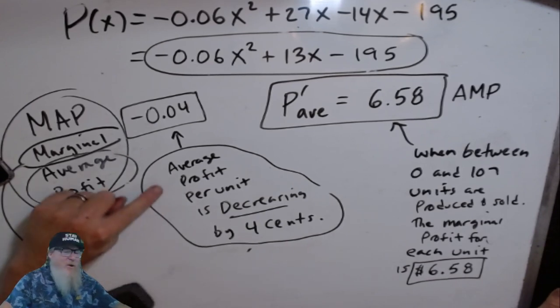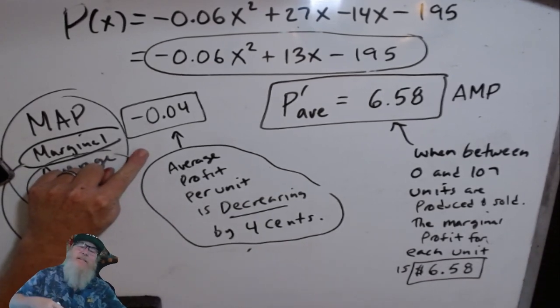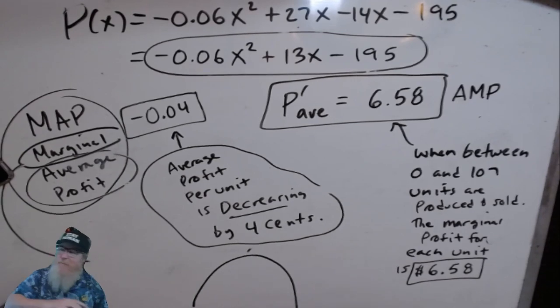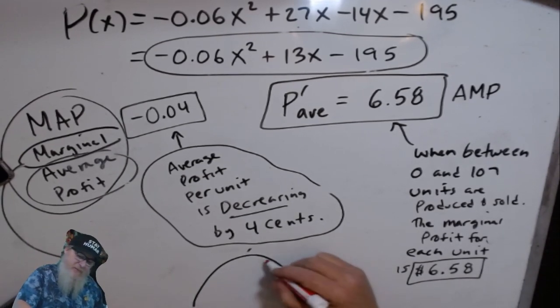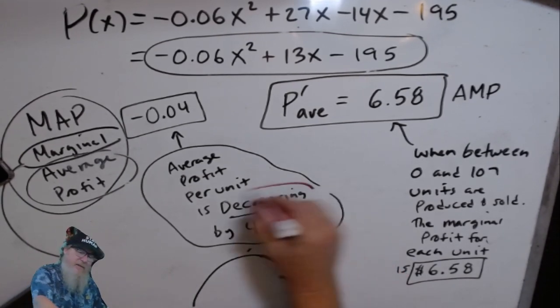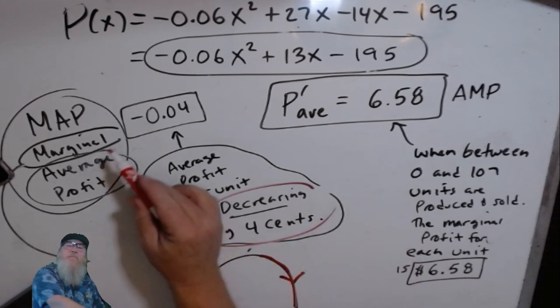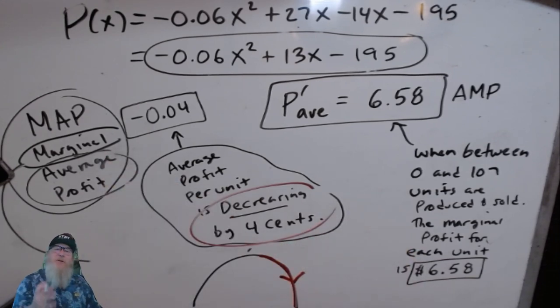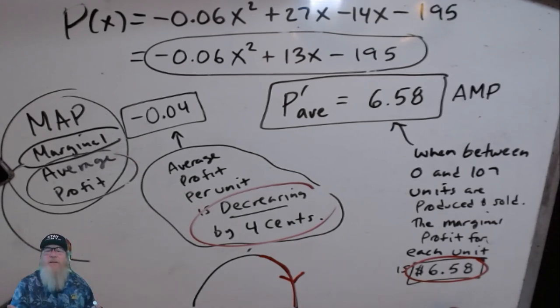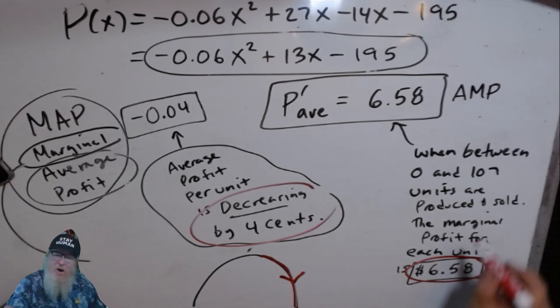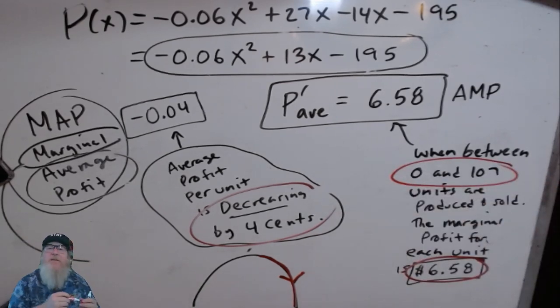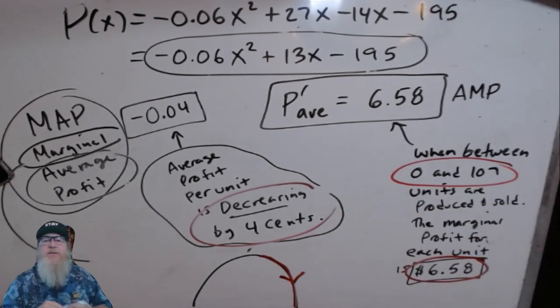So even though the profit is decreasing, so I'm on this side of the profit curve, I'm losing money every time, yeah, but I'm still making a profit. I'm not in the red yet. So I'm still above ground. And again, it's on average, anywhere between 0 and 107 units. On average, I'm making $6.58 per unit.